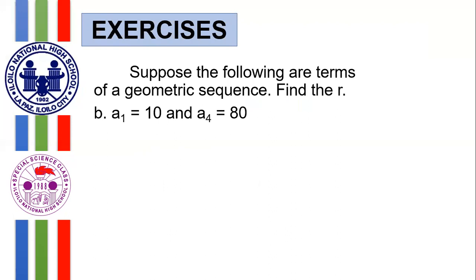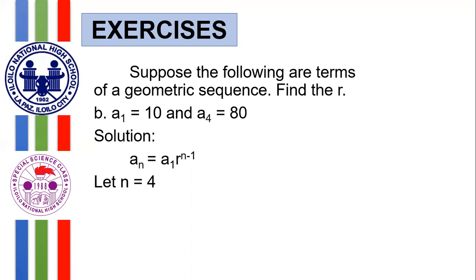From here, using the explicit formula of the nth term of your geometric sequence, you could see we have a sub 1 is 10 and a sub 4 is 80. You could see that the highest subscript here of your term is 4. So for now, let us represent our n as 4.